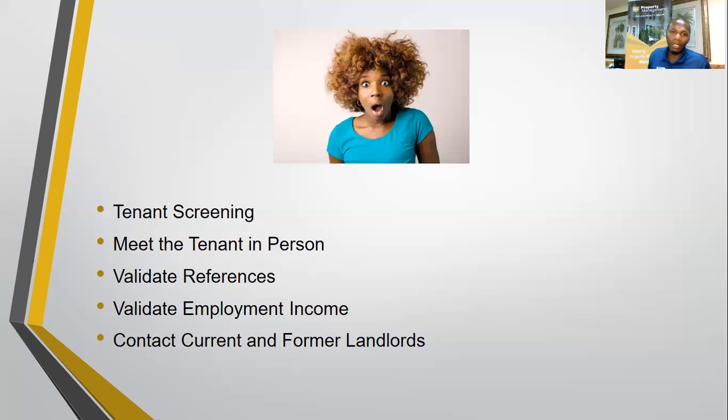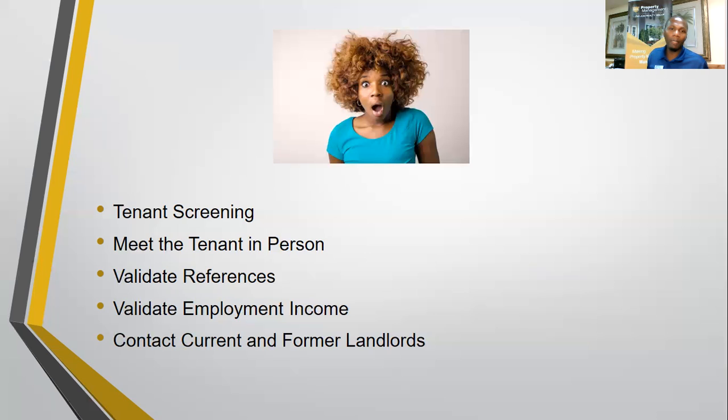The 5th tip is to contact current and former landlords, right? They are going to be able to give you a wealth of information. Of course, they can't really disparage a tenant, but they can tell you the facts about their account, particularly if the tenant signed off on their application.